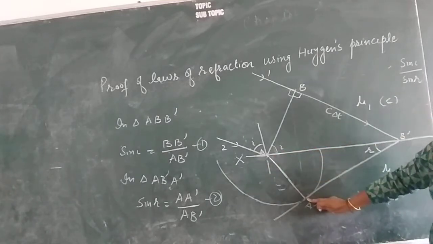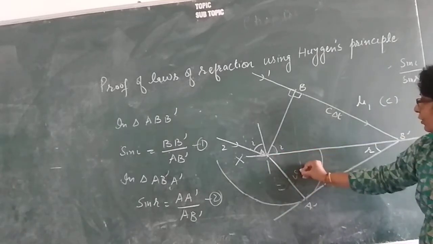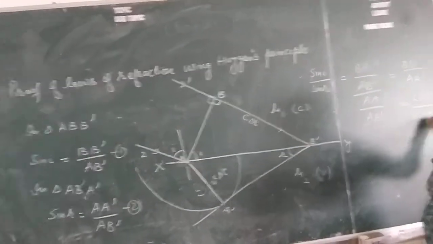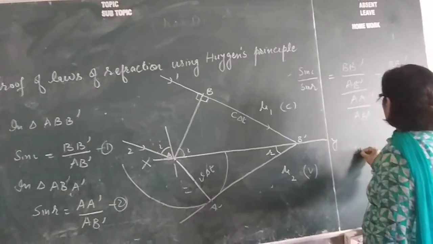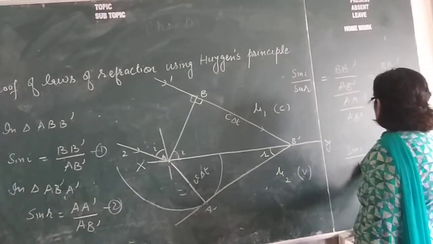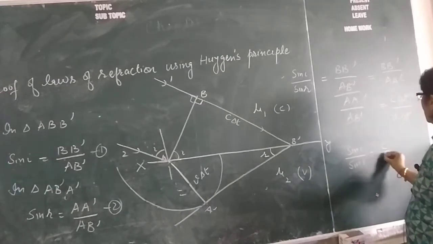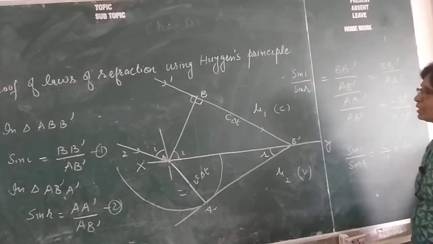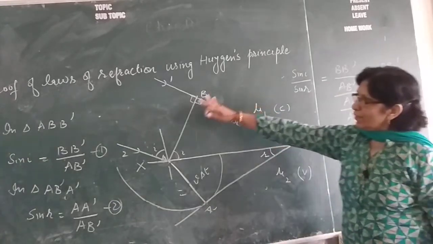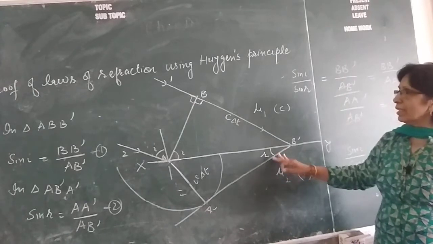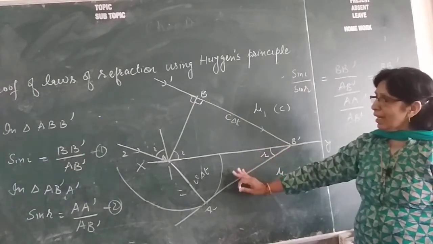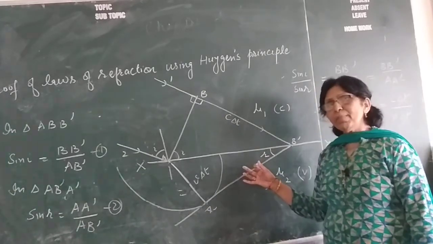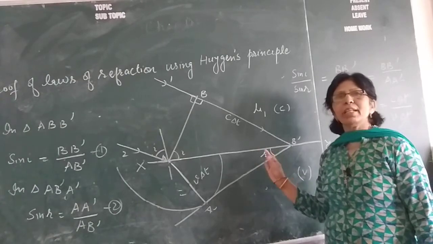The radius we drew, how much did we take it, v into delta t. So it is v into delta t. Delta t will cancel with delta t. So I will have sin i by sin r as c upon v, which is equal to the refractive index of the second medium with respect to the first. And from the figure, it is also clear that the incident ray, normal and refracted ray lie in the same plane. So this is all about the laws of refraction using Huygens principle.